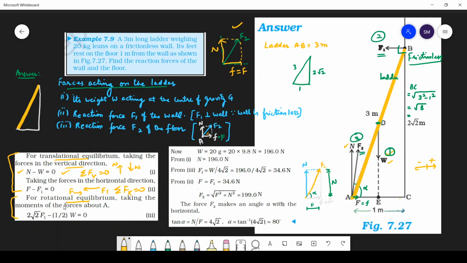Okay. So let us start from N. So N is at A. So what is the advantage of taking the moments of forces about A? You can take the origin anywhere, we have studied, but the advantage is that you have two forces starting from A, like this frictional force and this normal force.